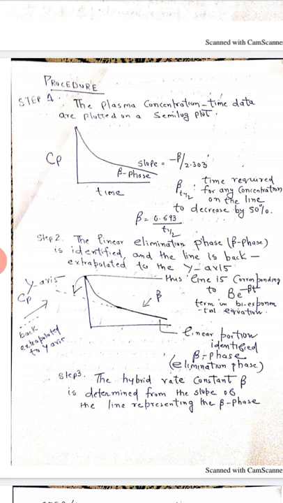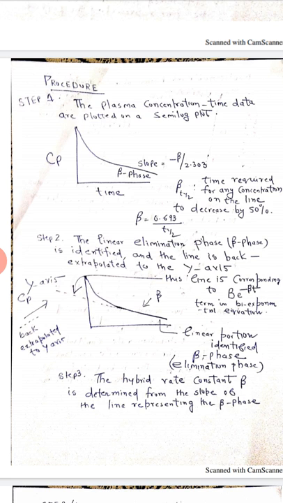Step A, the first step, is that you have to plot the plasma concentration time data on semi-log graph paper. You administer the injection to the patient, and at various time intervals you withdraw blood samples.